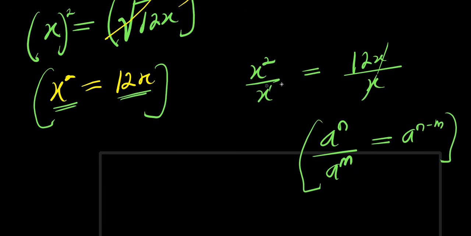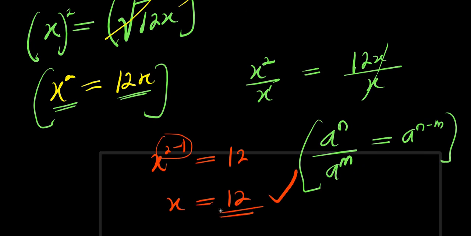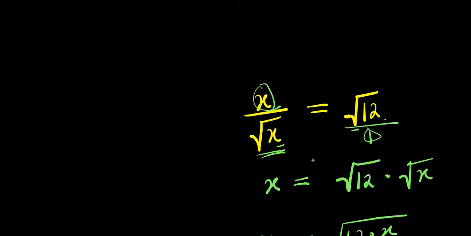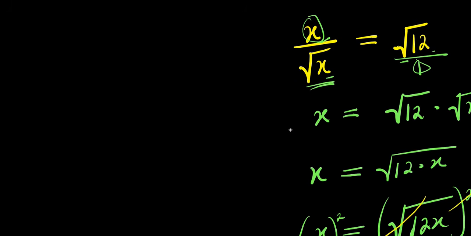So x power 2 divided by x power 1 will simply give you x power 2 minus 1, and this equals 12. And 2 minus 1 is 1, so we have x equals 12. Right? This is our solution. Now, this is one method of solving this.